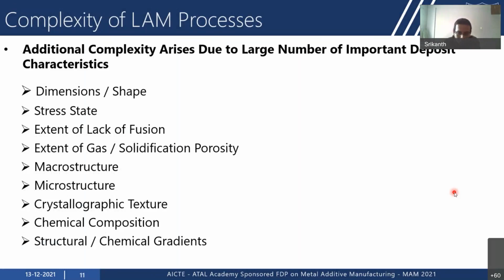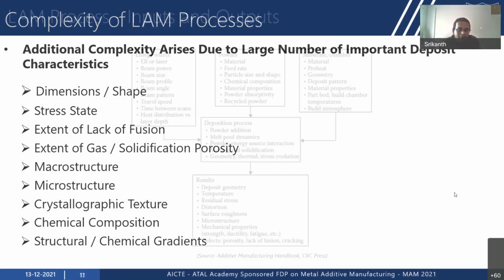Then we need to look at the microstructure of the deposited component and the chemical composition, because sometimes there can be a loss of alloying elements. So there are a large number of deposit characteristics that you may need to understand in terms of temperature, dimensions of the melt pool, cooling rates, thermal gradients, residual stress, and all these important aspects.